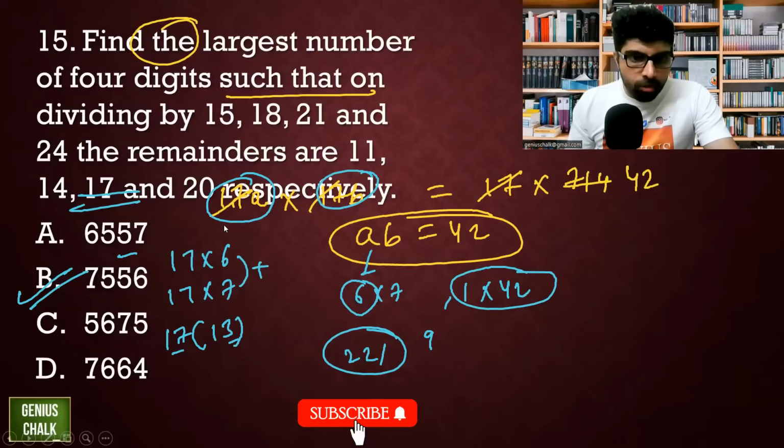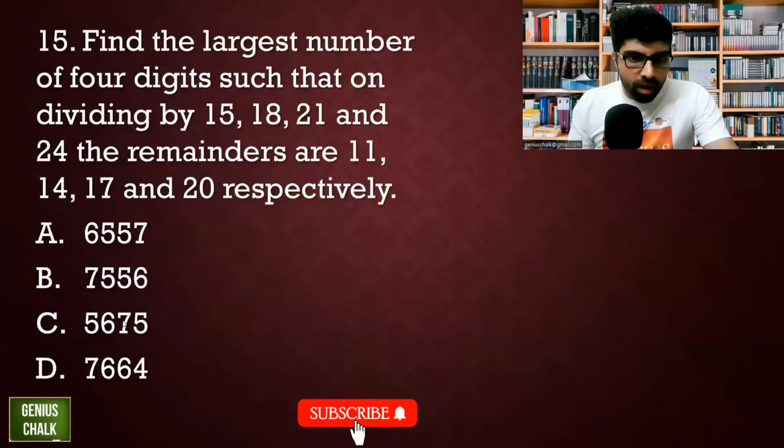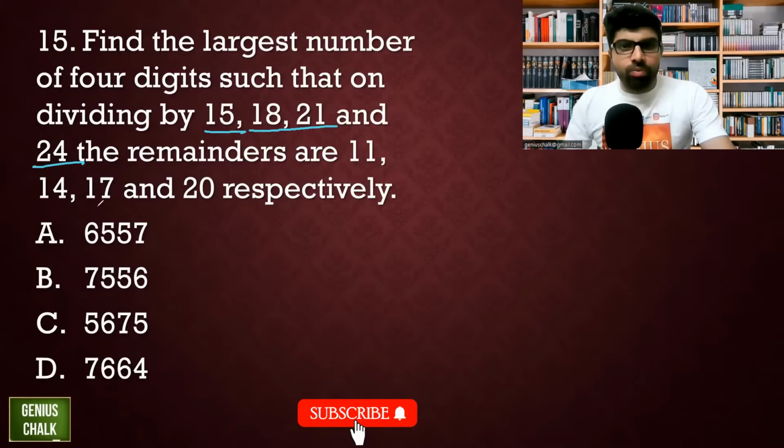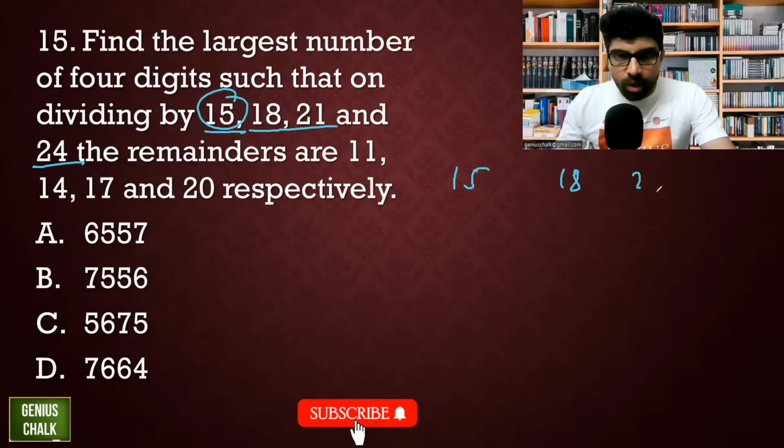Find the largest number of 4 digits such that on dividing this by 15, 18, 21 and 24, the remainders are 11, 14, 17 and 20. Now, first we are having 15, then we have 18, 21 and 24. The remainders are 11, 14, 17 and 20.